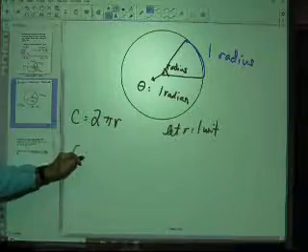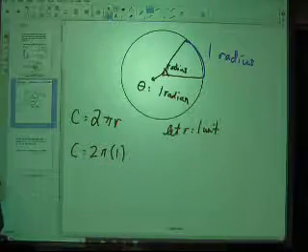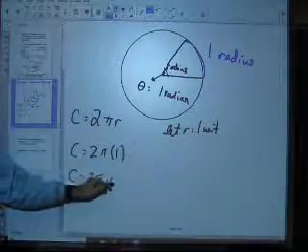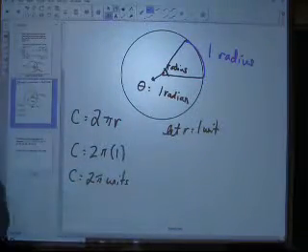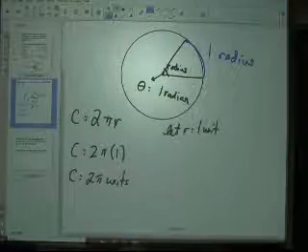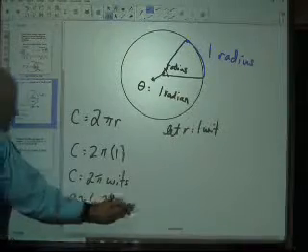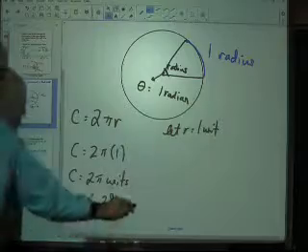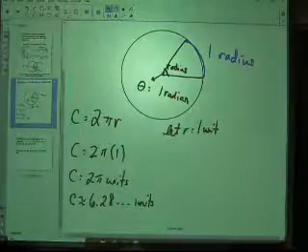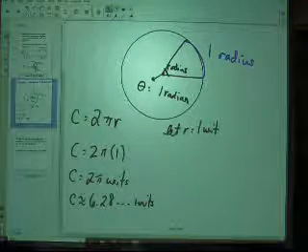Then the circumference is equal to 2 times pi times 1, which means the circumference is 2 pi units. If you want to approximate that, it's 6.28 something units, which means just over 6 radii are around the outside of the circle.